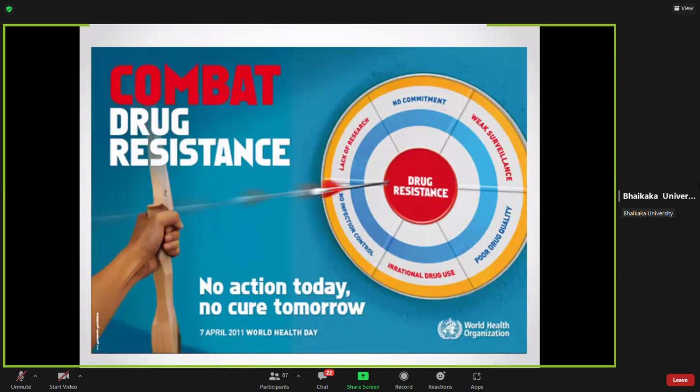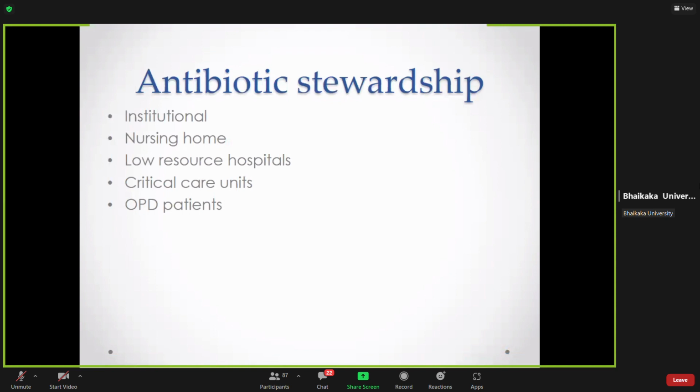And now, how to combat the resistance? As I have mentioned before, in 2018 there was antimicrobial resistance awareness week, which was celebrated by WHO. At the end of that 2018 celebration, they had a convention, and during this convention, with multiple authorities' advice and recommendations, they came out with one program known as the antibiotic stewardship program.